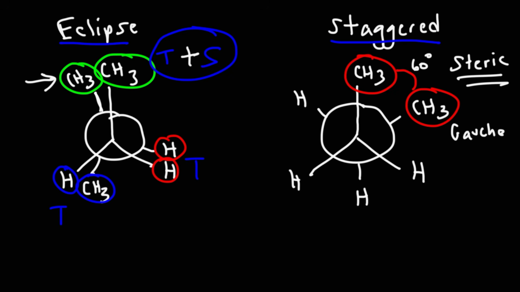So to keep things simple, if you're taking an organic chemistry exam, remember, anytime you have an eclipse conformation, you're going to have torsional strain. And anytime you have 2 bulky groups next to each other, you're going to have steric strain.